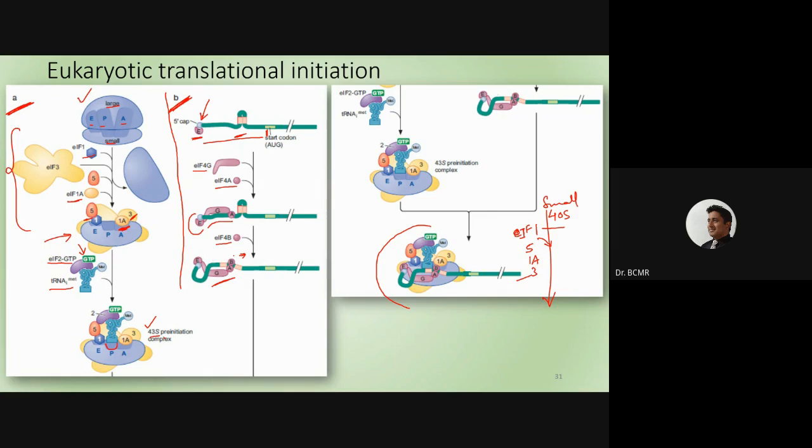And then after that, I'll put another arrow and write eIF2 along with GTP. GTP is always the active form in a way. And then you can also write the initiator tRNA. When you're writing here, I think it is written as methionine.